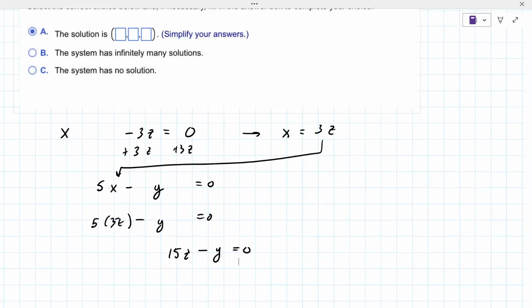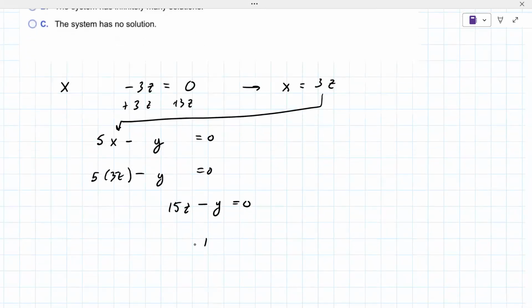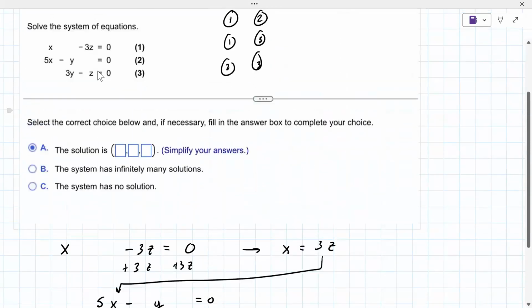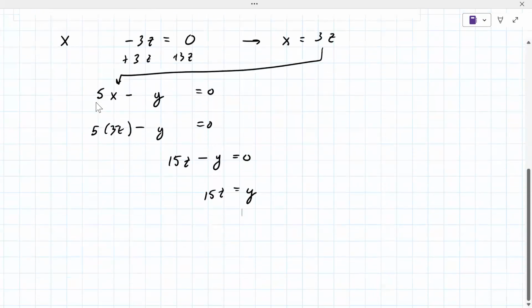And then from there you can solve this for y: 15z equals y. And if you go to that third equation, which is 3y minus z equals 0, you can put all of this in for y here.